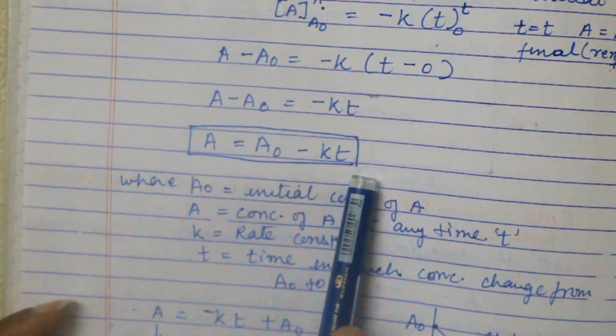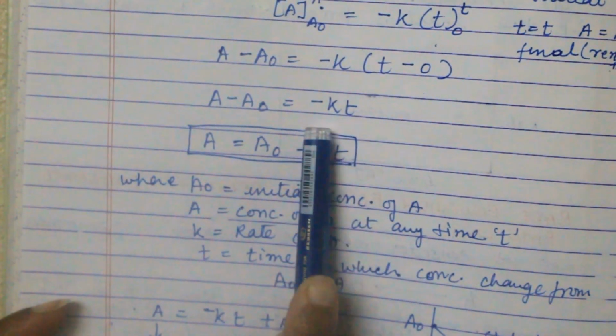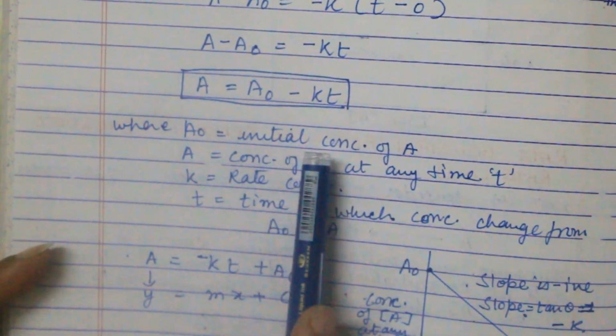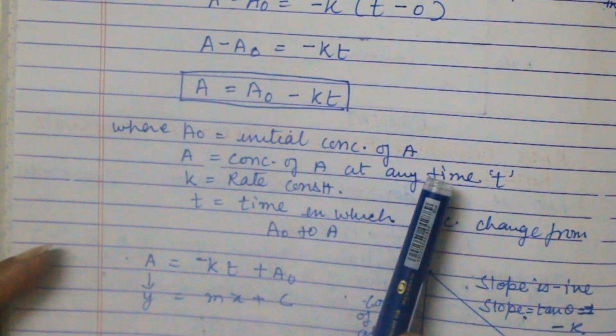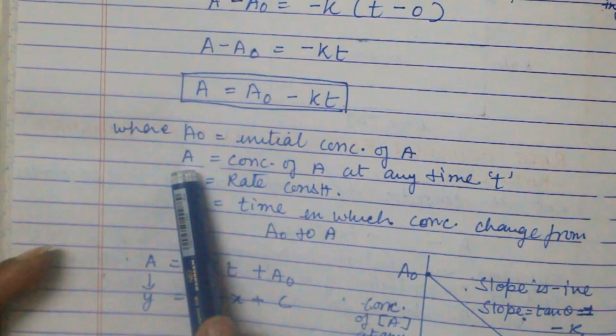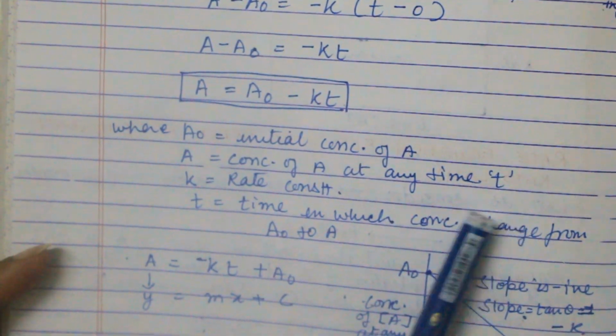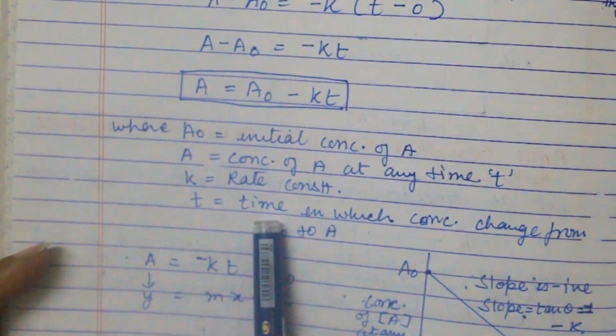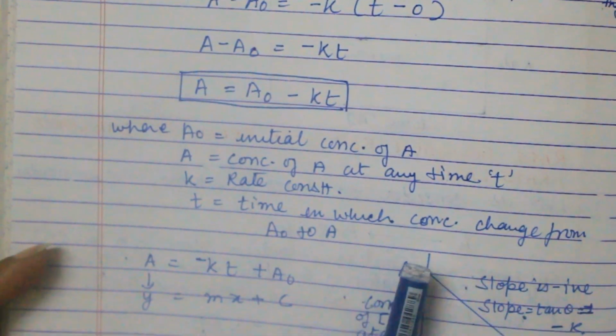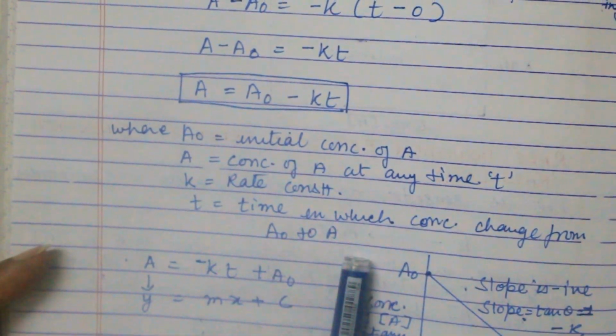This is the expression for a zero order reaction, where A naught is the initial concentration, A is the concentration at any time t, k is the rate constant, and t is the time in which the concentration changes from A naught to A.